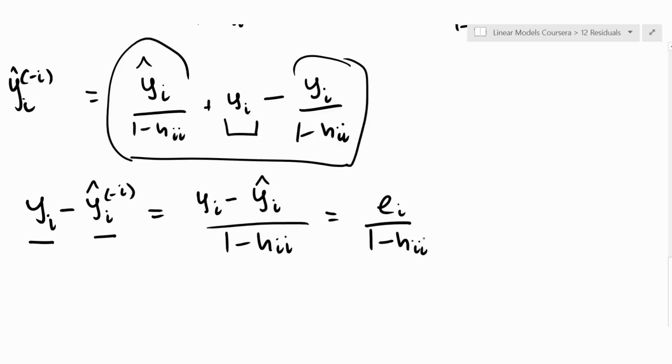If you take the ordinary residuals and divide them by 1 minus the relevant hat diagonal, then you get the same residual that you would obtain by refitting the model with the ith data point removed, and then taking the prediction at that data point.